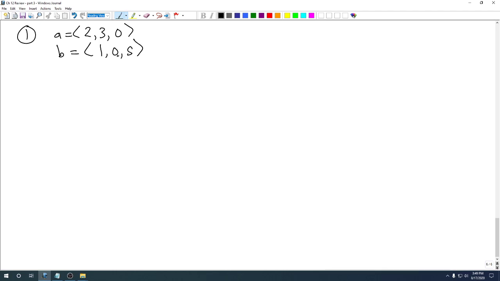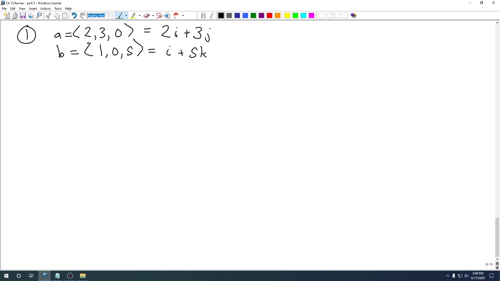In fact, having zeros here will show how this makes it a lot easier when you have a lot of zeros. Notice that we can change this into something that involves i and j, or technically i, j and k, but we have a 0 here, so we don't need the k. This one is just i plus 5k.